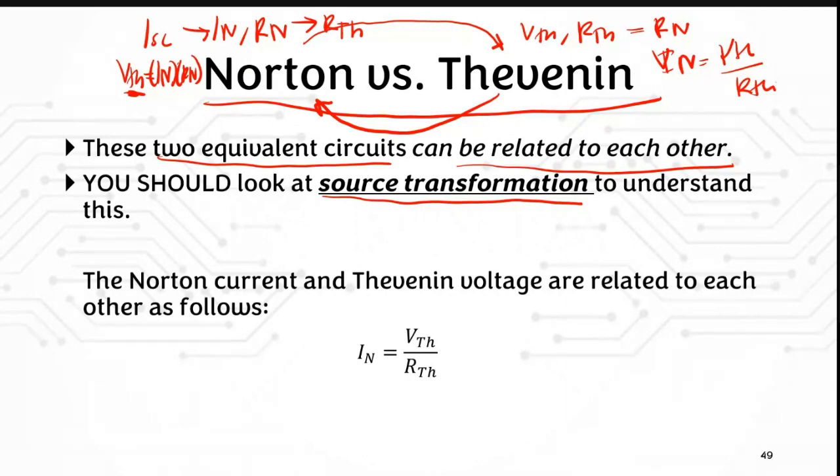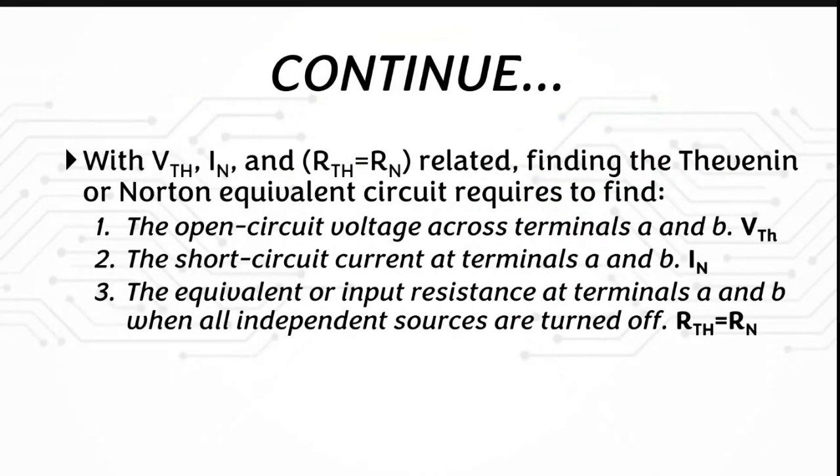Okay. All right, and then the Thevenin voltage, Norton current and the resistance are related. Finding the Thevenin or Norton equivalent circuit requires you to find the open circuit voltage, where we know that VOC is equal to VTH.